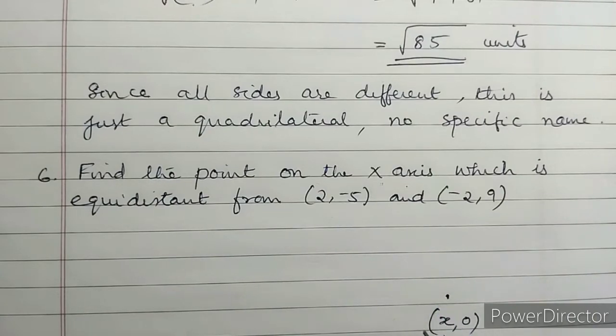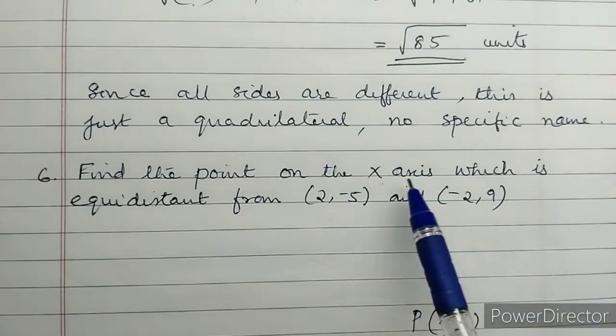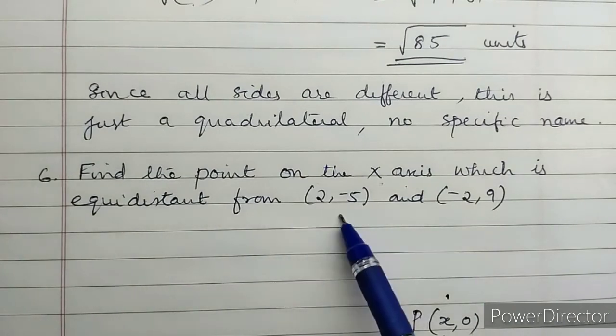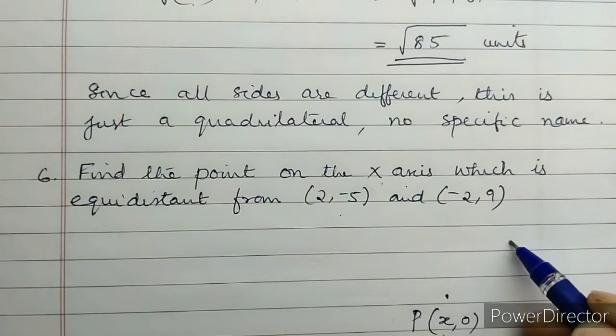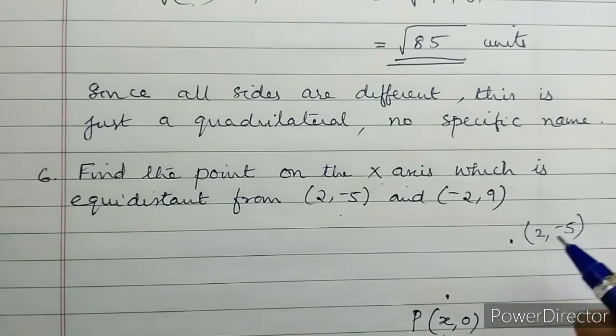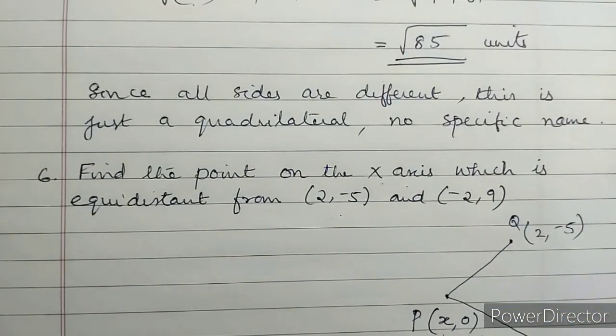So just give a name for this. Let it be P. P (x, 0) is the given point on the x-axis. The other point (2, -5) you can mark as Q. This is an equal distance PQ, and the third point R you can mark as (-2, 9).